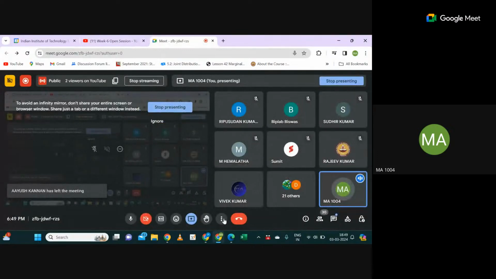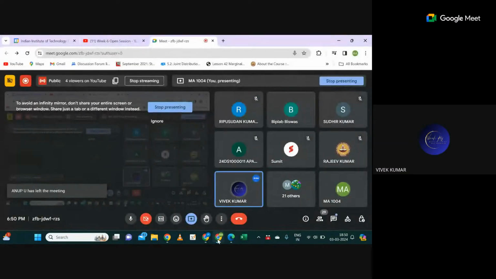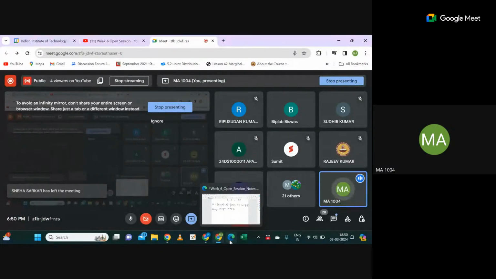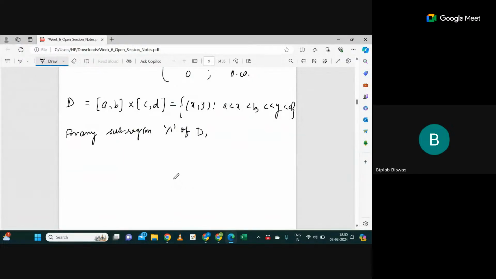I have pasted the link in the calendar, it's working, sir. Just check from there. No, sir, in my case it shows video unavailable. No, sir, it is accessible. Maybe he is trying to access from some other email ID. I just logged in with the student email ID. I have pasted the YouTube link in the calendar. Just take the link from there and try. If you see, already four people are watching on YouTube. I pasted the link in the chat. Okay, sir, I'm trying one more time.